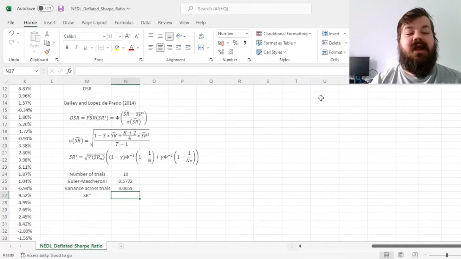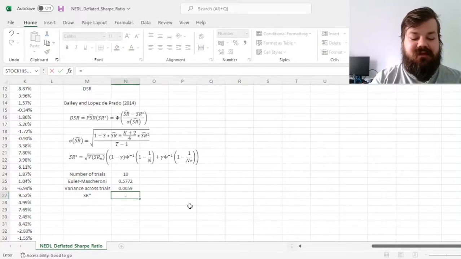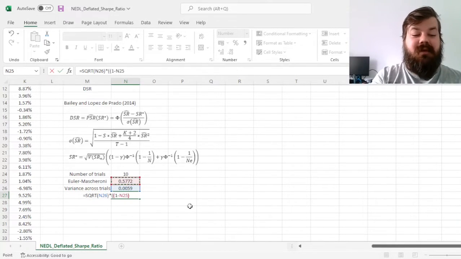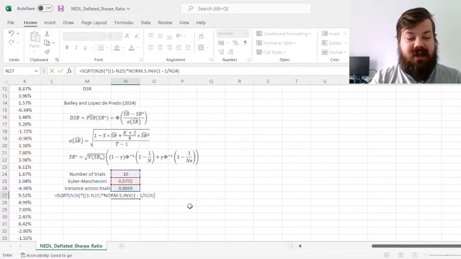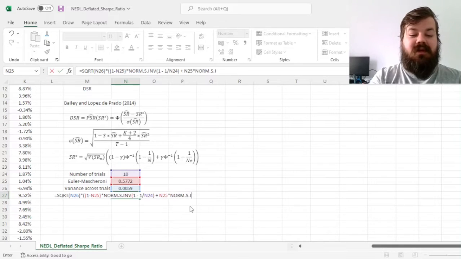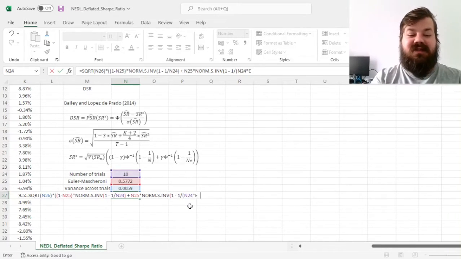And finally, we can calculate this particular synthetic Sharpe ratio target that incorporates the information throughout our multiple testing, which is equal to the square root of the variance across trials times 1 minus the Euler-Mascheroni constant times the standard normal inverse distribution of 1 minus 1 over the number of trials n, plus the Euler-Mascheroni constant times the standard normal inverse distribution of 1 minus 1 over n times the number e, which is the exponent of 1.